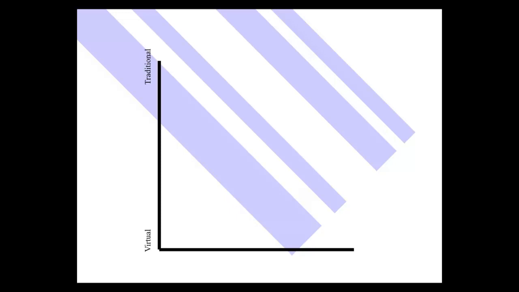We can look at our classroom environment as being somewhere along a continuum between traditional and virtual. That's on my y-axis. And we can look at the type of instruction as being somewhere along a continuum between asynchronous and synchronous. That's on my x-axis.